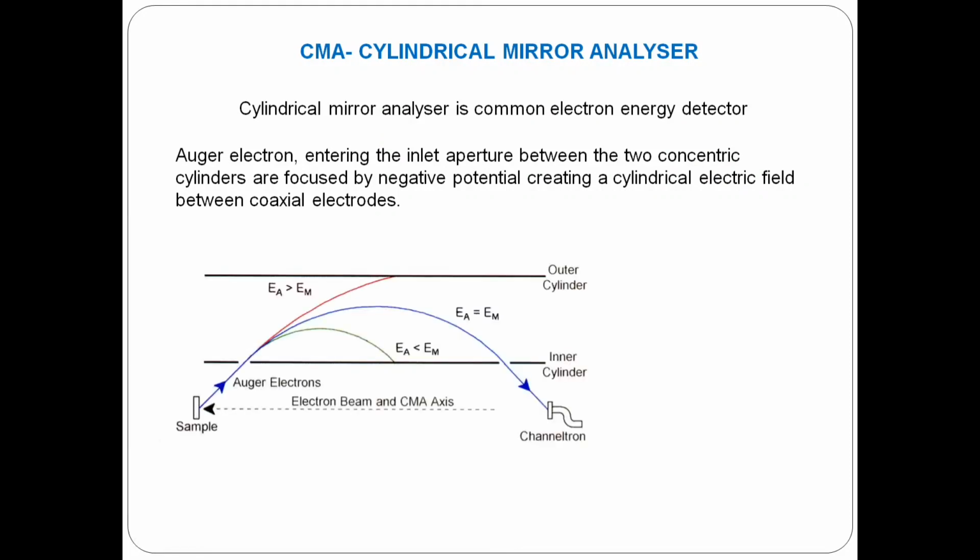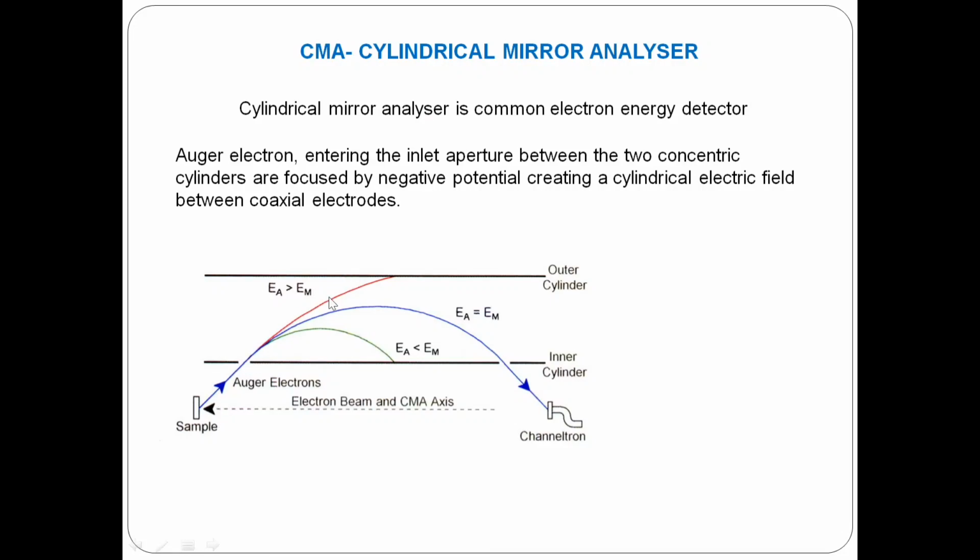Here is a CMA, cylindrical mirror analyzer. As a primary electron beam hits the sample surface, Auger electrons move outward in all directions, shown in red, blue and green lines.